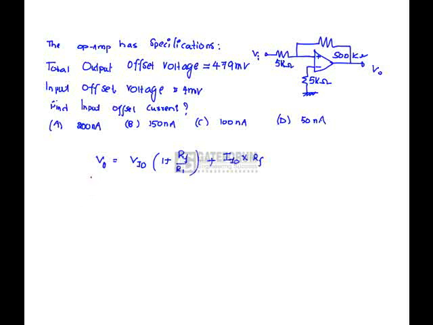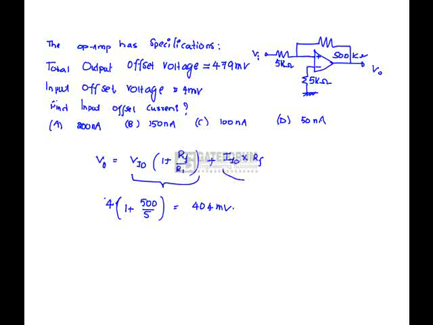Here, if we compute this portion, that is 4 millivolts times (1 plus 500 by 5), which is nothing but 404 millivolts, the output offset voltage because of input offset voltage is 404 out of 479.